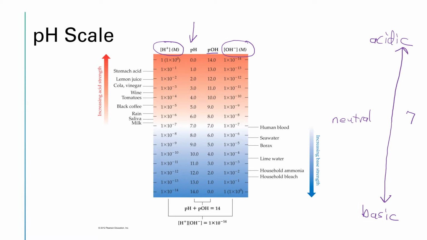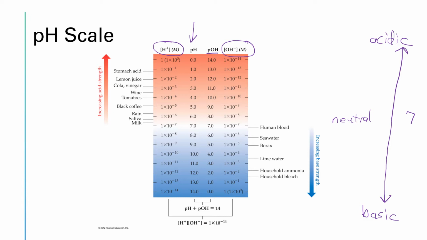And again, the pH scale doesn't stop at 14. It is possible to have pHs that are greater than 14. Most solutions that you're going to encounter in most laboratory experiments, however, will fall between 0 and 14. But those are not actual limits.